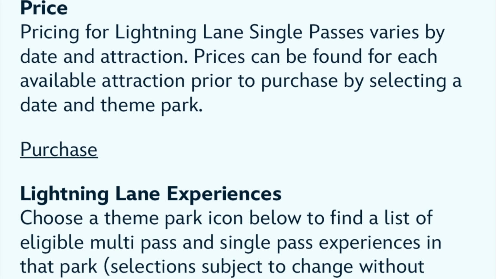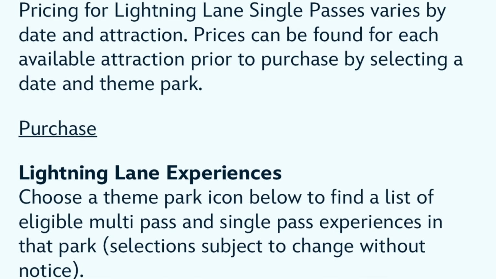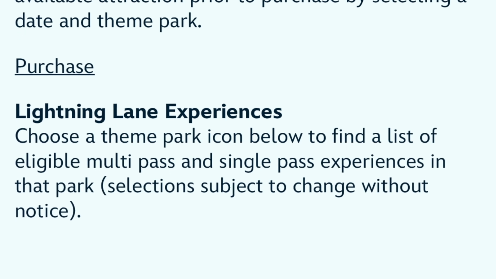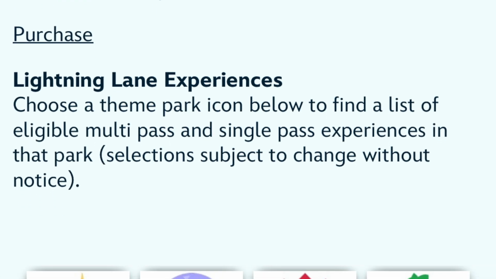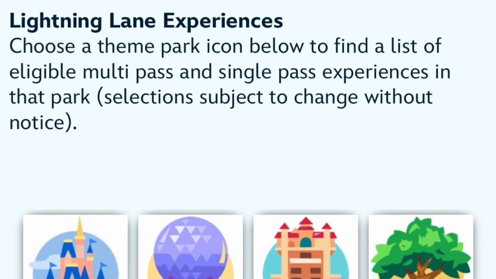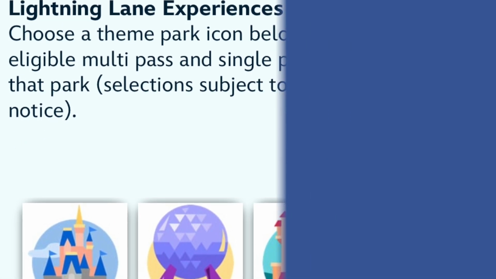Prices are based on the park and what day you were going, as well as the Lightning Lane experiences. So we'll go ahead and show you a list at each park of what the attractions are available and which tier they are in.